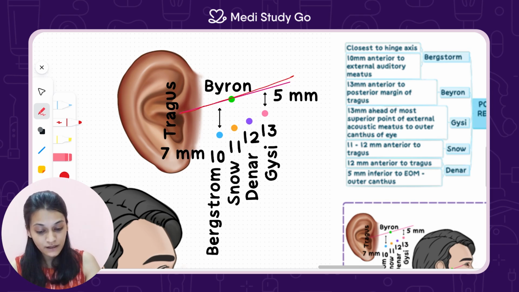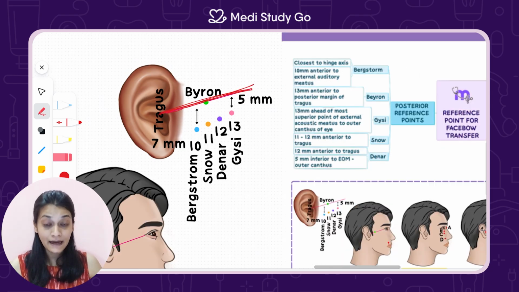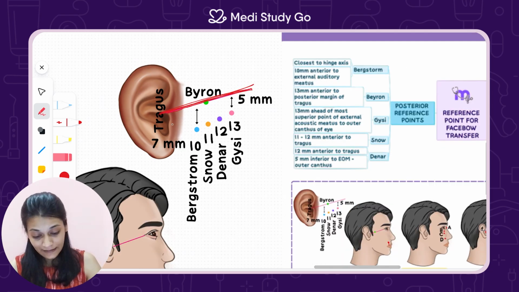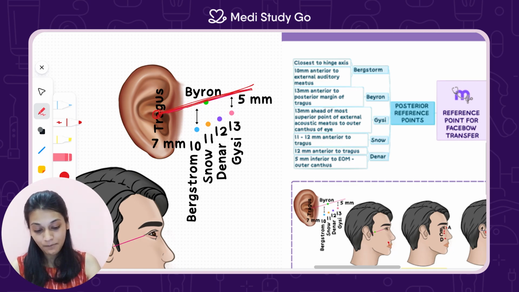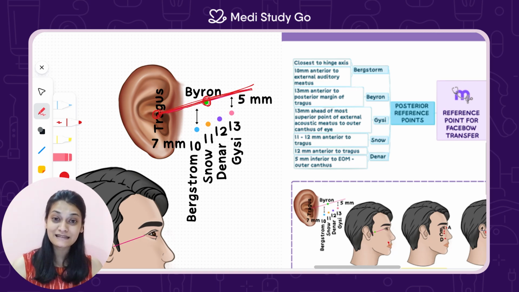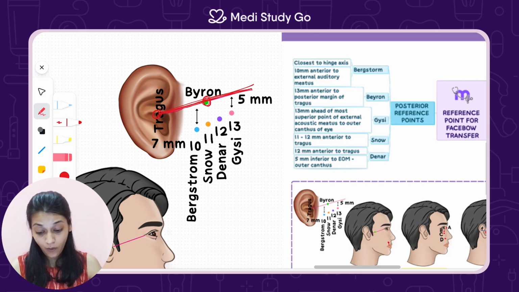What you need to do is draw a line from the outer canthus of your eye to the superior most point on your external auditory meatus. Now, what is going to happen once you have this line? The first point will be Beyron. Beyron's point is located 13 mm anterior to this line, and the rest of the points are located accordingly.